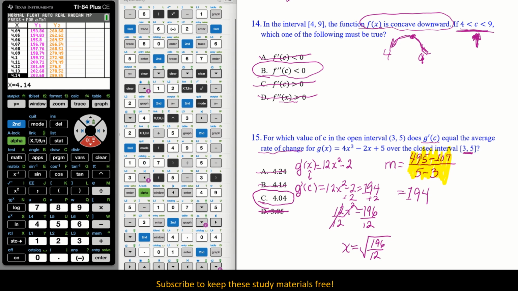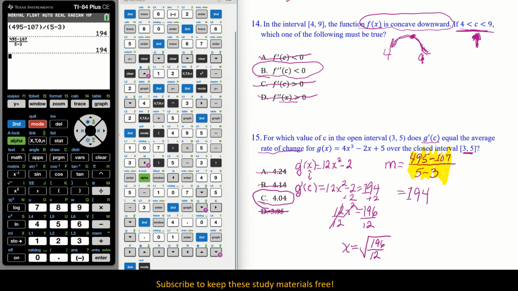All right, so let's go second mode and put that in the calculator. Second, x squared, which is our radical, and under the radical, let's put a fraction. We don't have to, but let's just do it anyway.